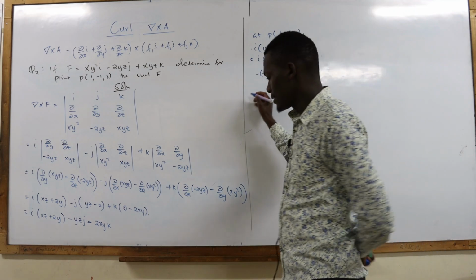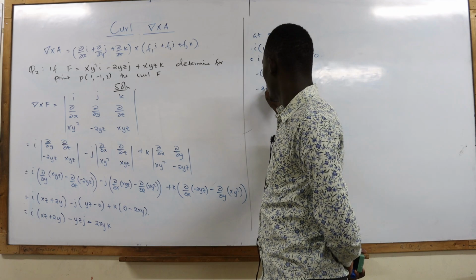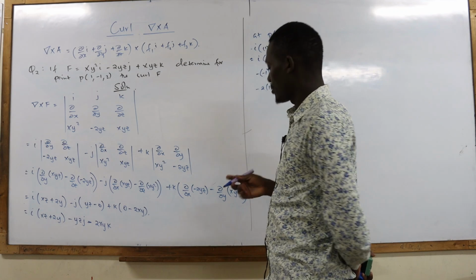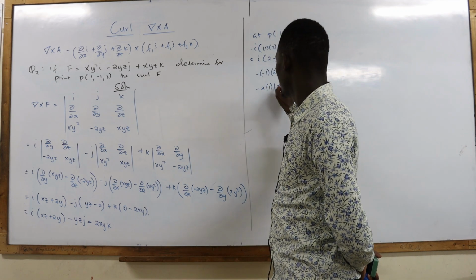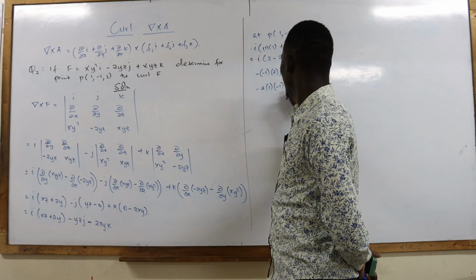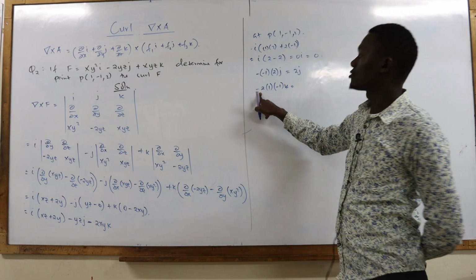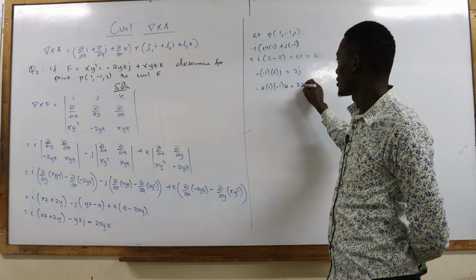Then I come to the last, which is -2. Our x is 1, and my y is -1. Then remember we have a k. So -2 times 1 is -2, times -1 again just gives me 2k.